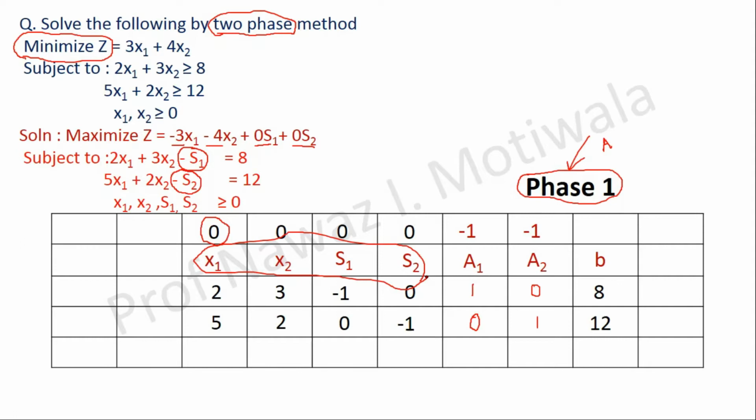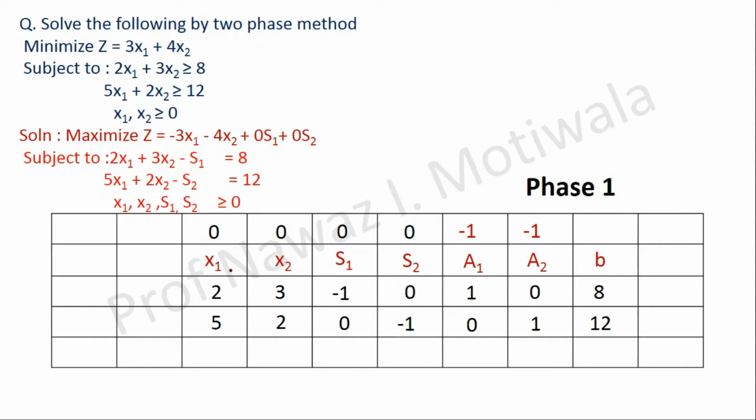That's the only change we have to make in the two-phase method, and the rest of the things will follow the same. So let us start with that. Now we can observe that a1 and a2, which we have introduced as our artificial variables, will become our basic variables. So I will write a1 and a2 here with the corresponding coefficients as -1 and -1.